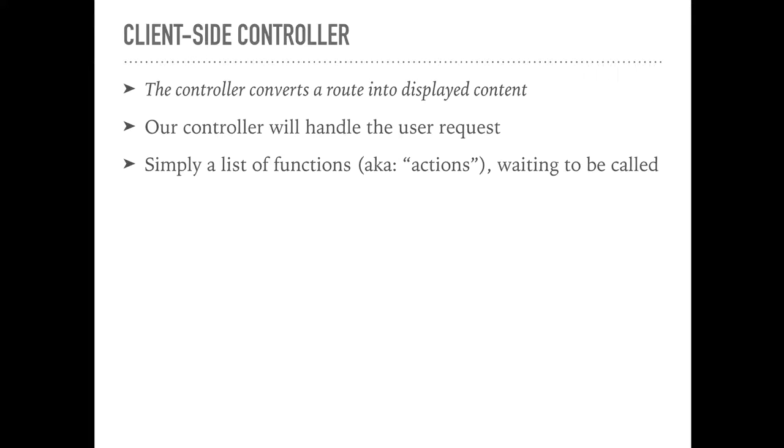If we have just an articles section, that is a resource. If we have an about section, that's a resource. And we can have a controller that can help us utilize those resources and actually display the information or trigger it. It's essentially the manager of our resources.